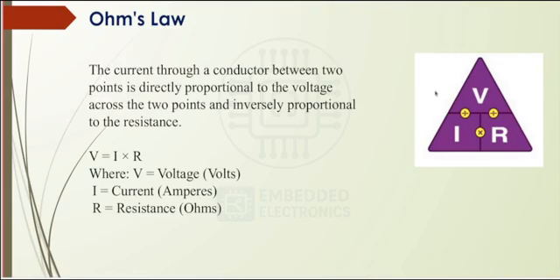In this figure, we can easily find VIR. Keep your finger on V, then you will get I into R. So V equals IR, I equals V by R, and R equals V by I. I is current, R is resistance and V is voltage.